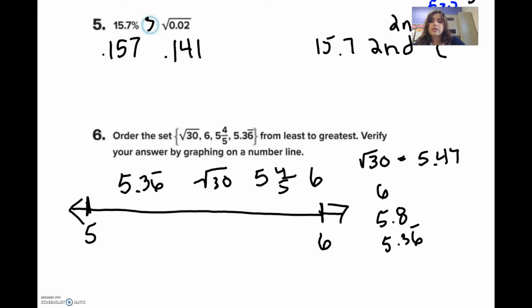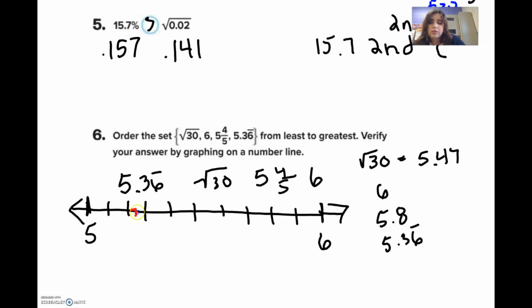Okay, so if we have 0.1, 0.2, 0.3, 0.4, 0.5, 0.6, 0.7, 0.8, 0.9, because there's 9 points in between 5 and 6. I'm going to write where 5.36 goes. We have 0.1, 0.2, 0.3.